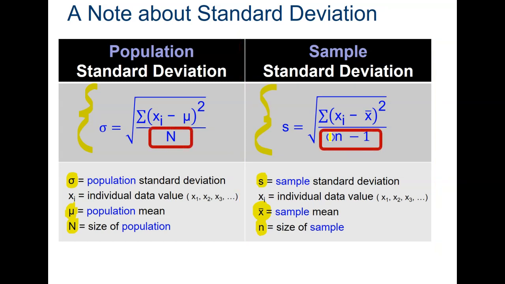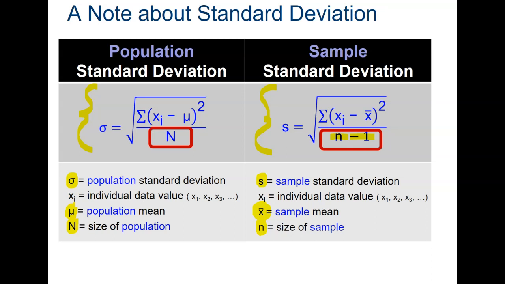Let's talk about the difference here, the N versus n minus 1. So the N is the number in the entire population. n minus 1 includes a subtraction. So we have n, which is the number of our sample, and we're subtracting one value. And what that lets us do is we decrease the size of the denominator here, and that increases the size of the sample standard deviation.